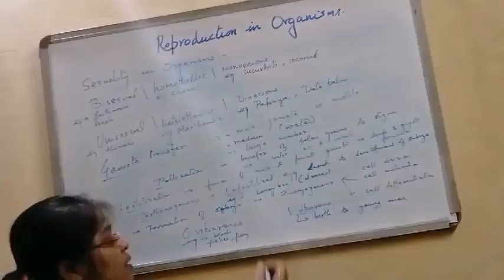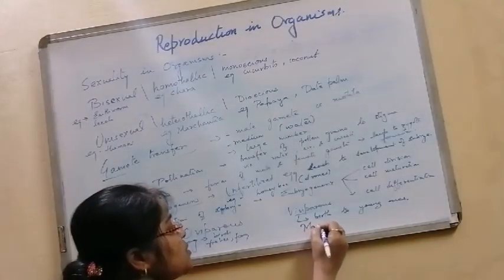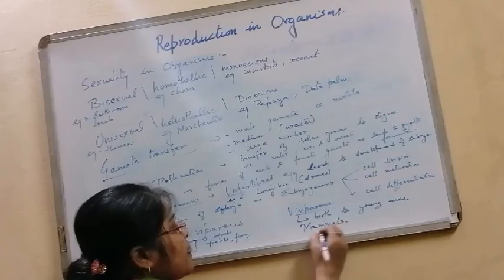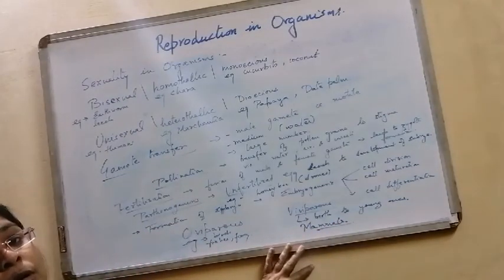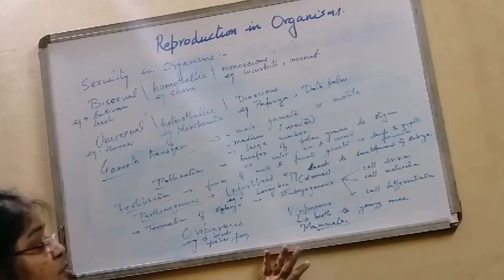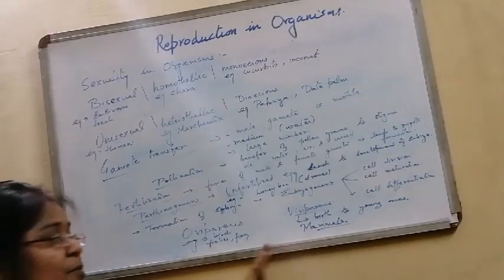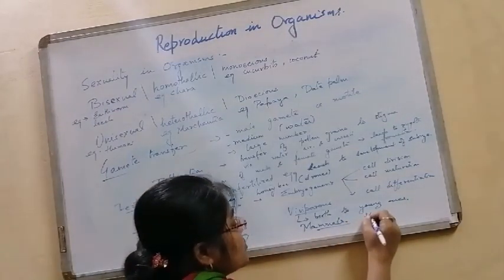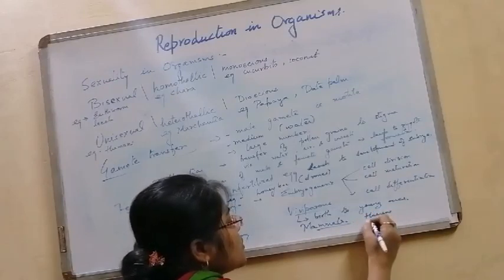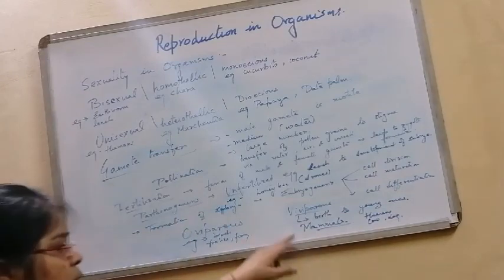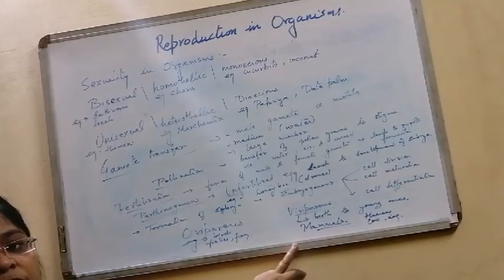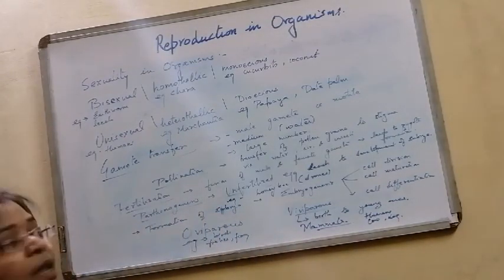You must have read. It is your mammals. So mostly mammals give birth to young ones. This is a specific feature of mammals. Examples are humans, cow, dog, all of them. They are viviparous and they give birth to young ones.